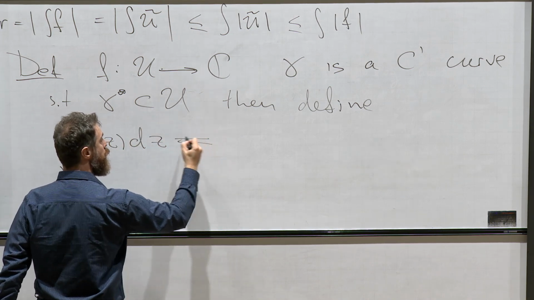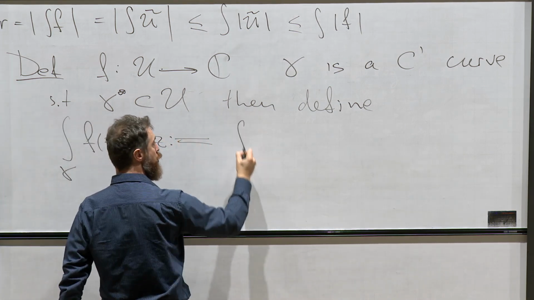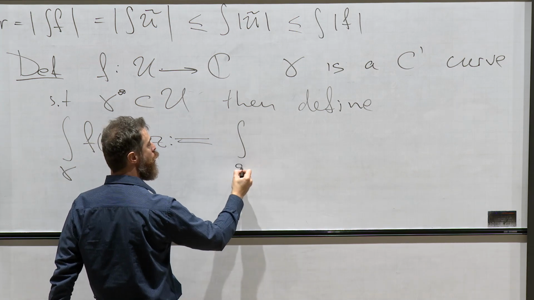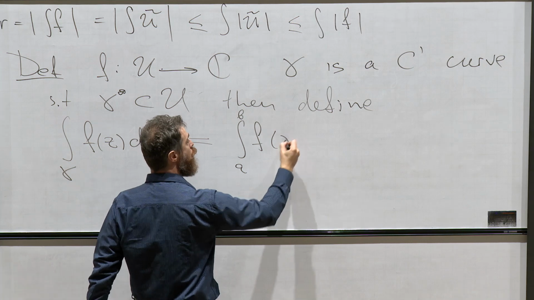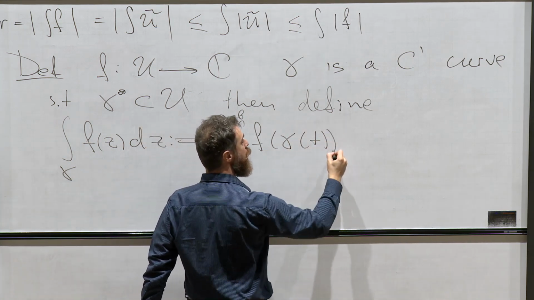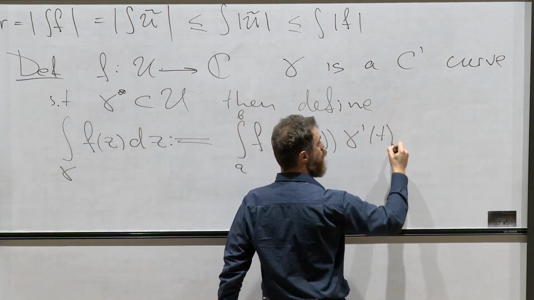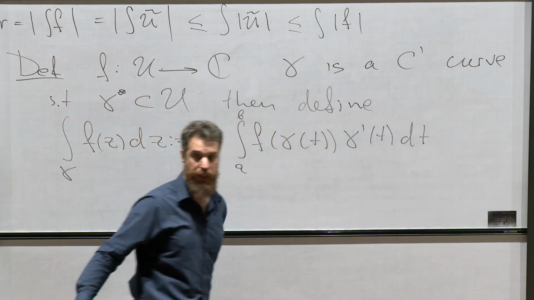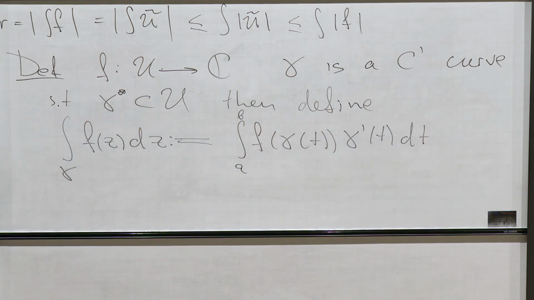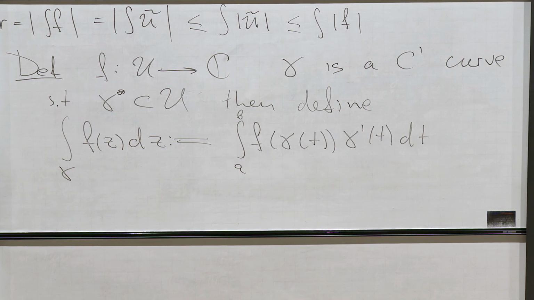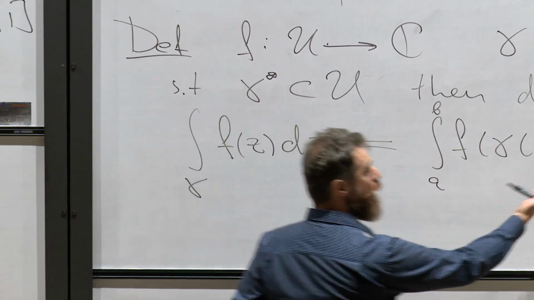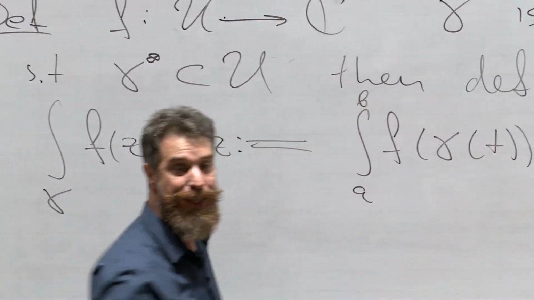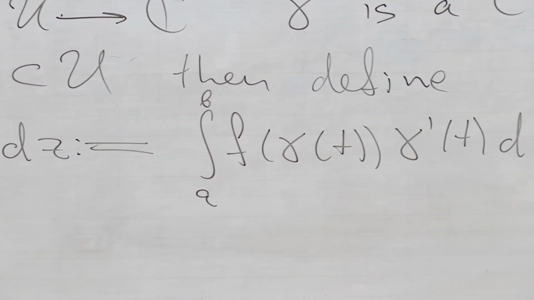So this is by definition the integral from a to b of f of gamma of t, gamma prime of t dt. So this is a very natural definition. We write that z is just gamma of t, and then this is dz, and this is z. So it's what you should expect.